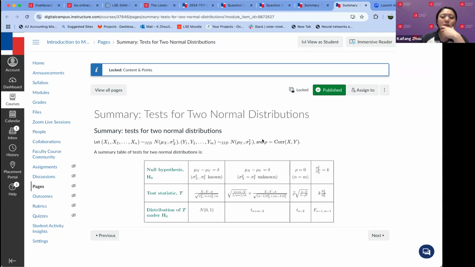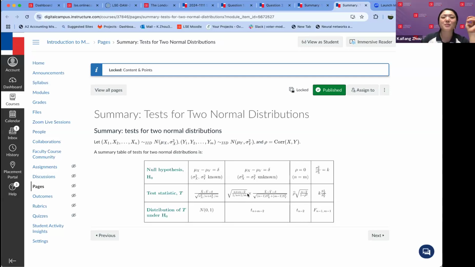And then I think for the past years, we also asked you to derive the proof. Sometimes we ask you to derive the proof to show the test statistic. In your course material, we have the detailed working showing you the proof for the different test statistics.